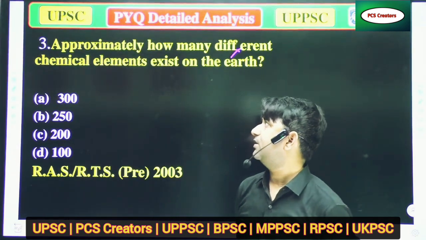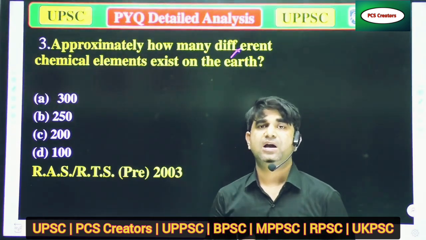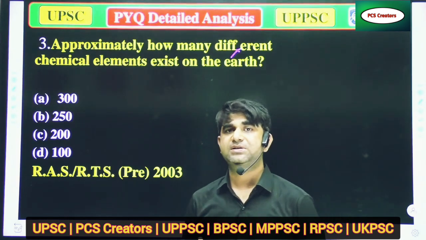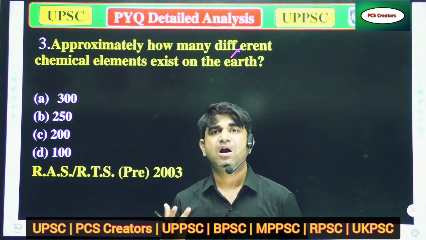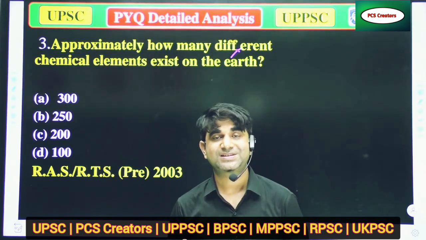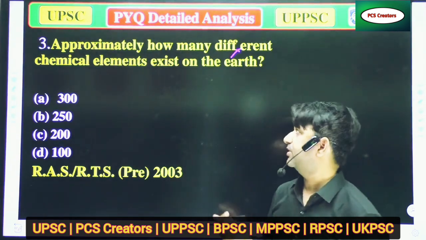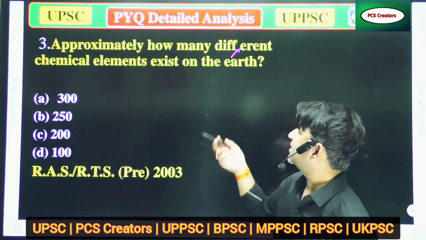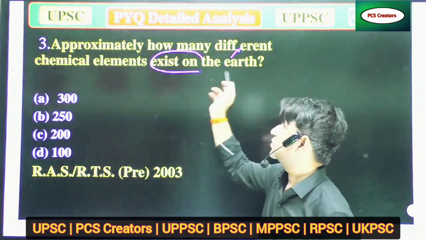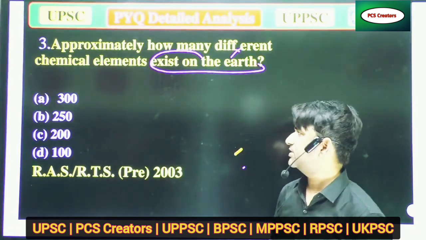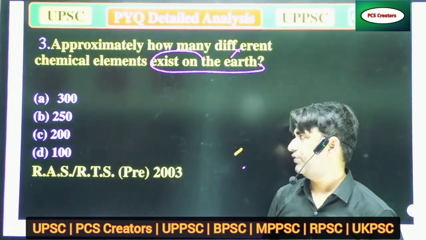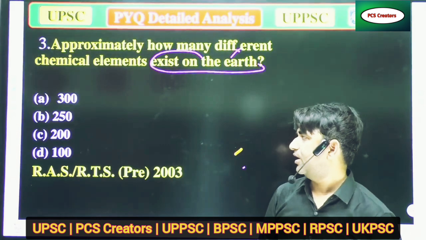Approximately how many elements are found in this universe naturally? So it's a simple question. Option A is 300, option B 250, option C 200, and option D 100.